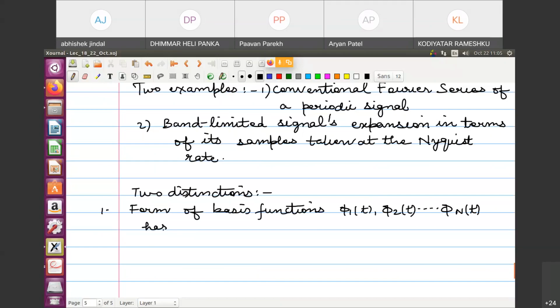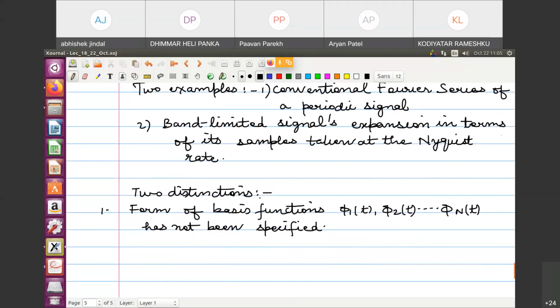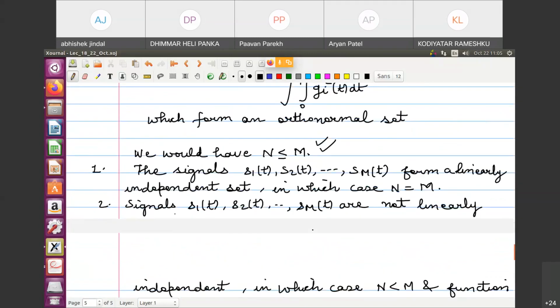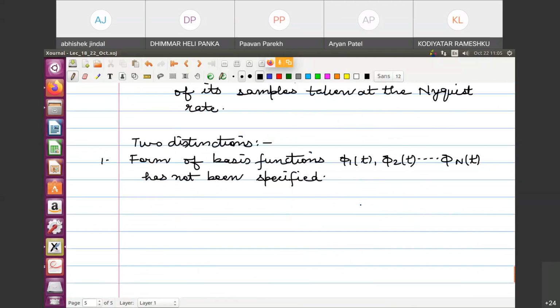This is important. In both of these examples, the conventional Fourier series had complex exponentials and this had sinc functions. But whatever we have done above is quite general. From the set itself we can create phi 1 t, phi 2 t, up to phi n t. So they have not been specified.